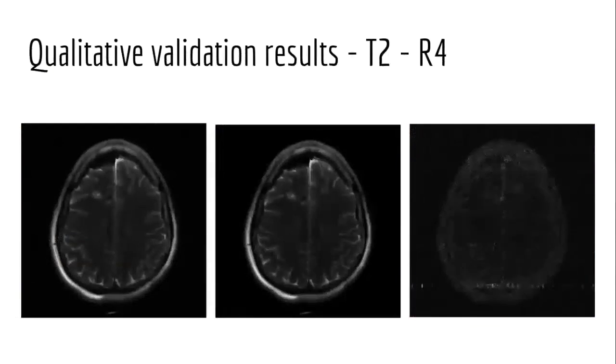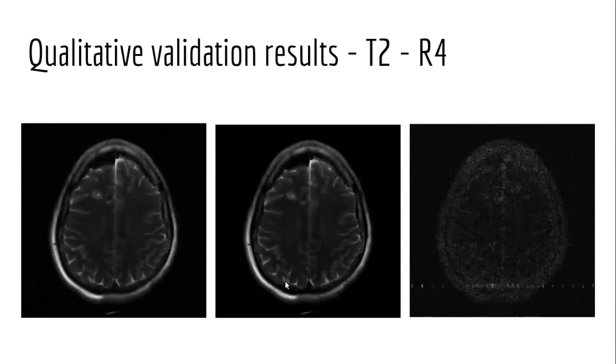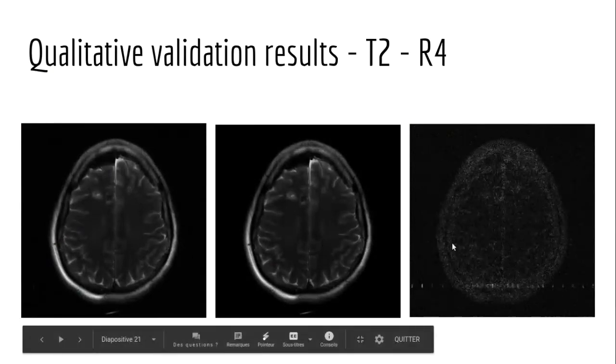And so if you want to see some images, those are the typical images that you get. On the left, you can see the reference image. In the middle, the reconstructed image with the XPDNet. And on the right, the difference between the two. This line here is just some artifact present in the original reference image.